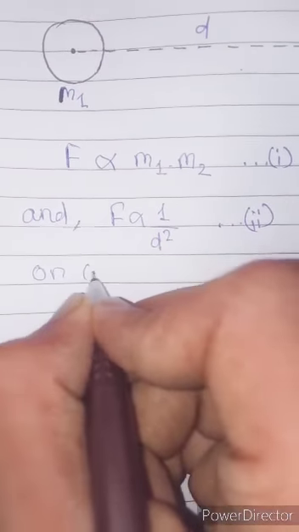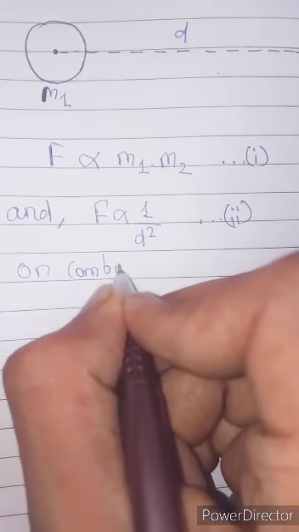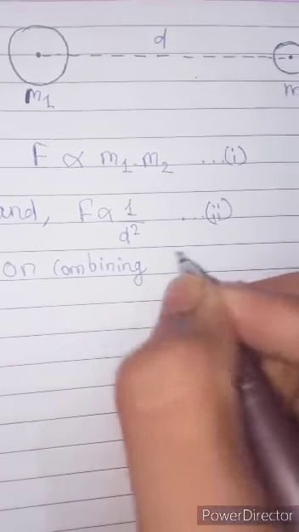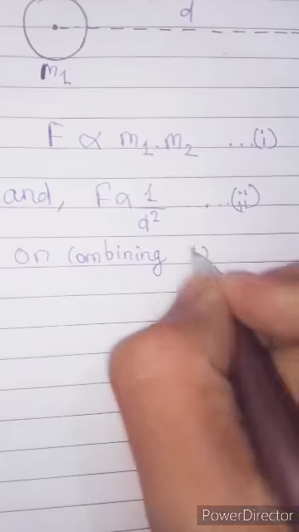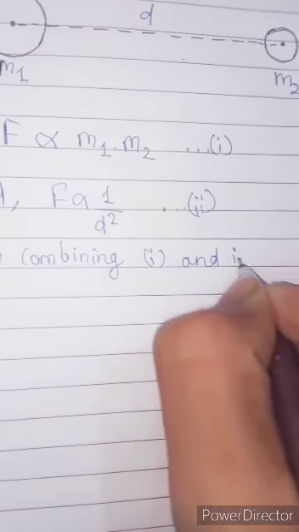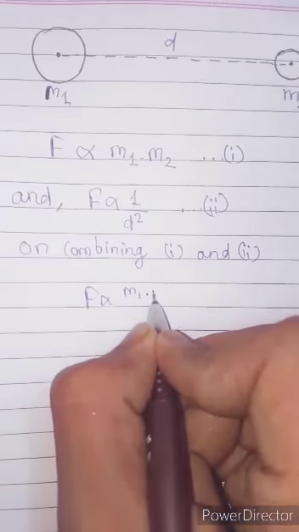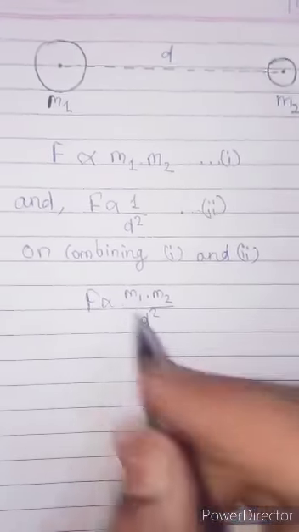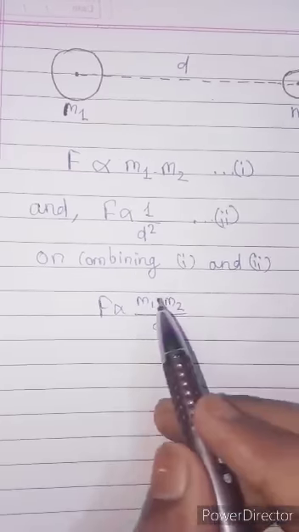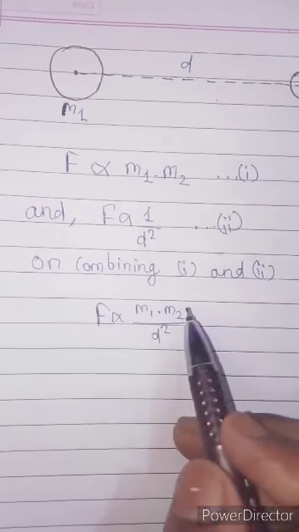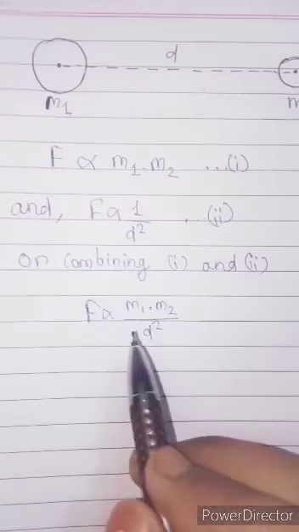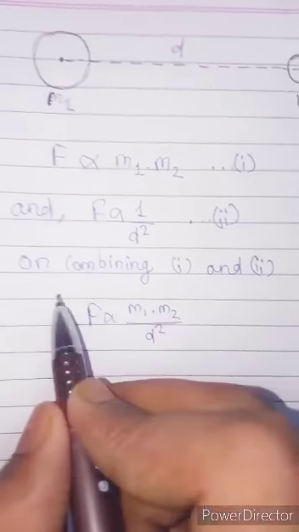Combining both cases, we get F is directly proportional to the product of their masses but inversely proportional to d square. So we can write it in this manner also.